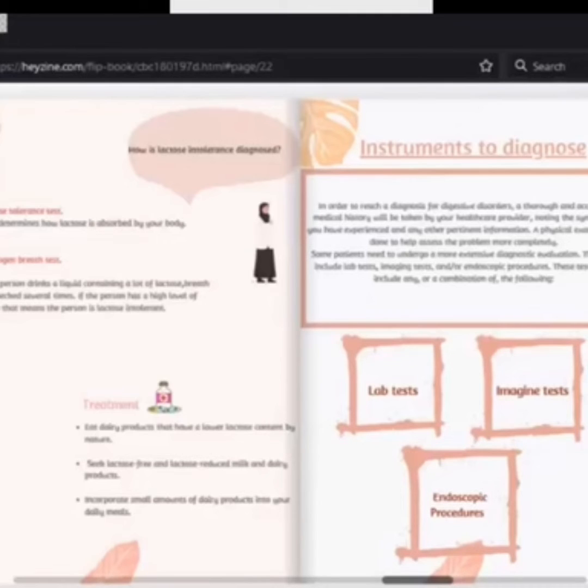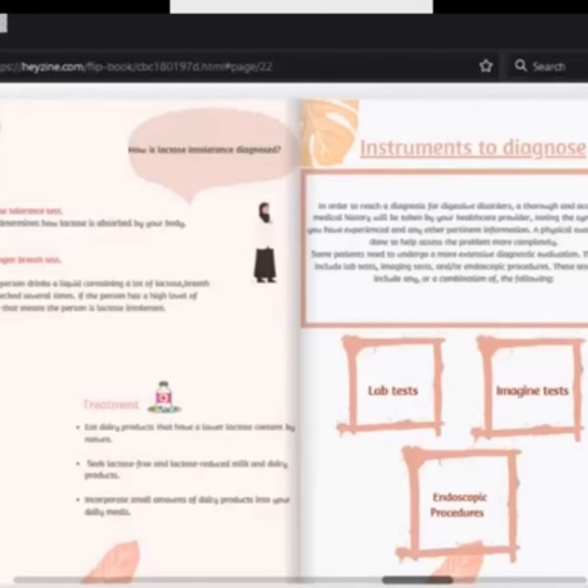And now we will talk about treatment. Actually, for lactose intolerance, there are no medications for this disease, but we have some things to do. First, eat dairy products that have a lower lactose content by nature.